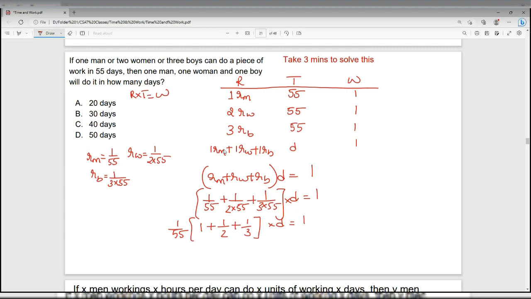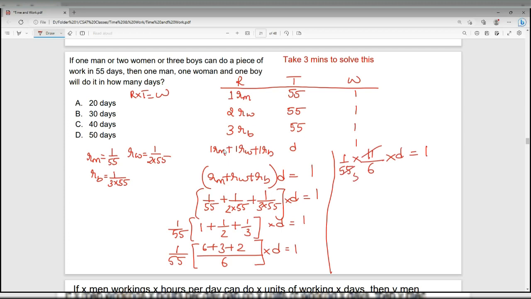When we add this fraction, it will become (6 plus 3 plus 2) by 6, that is 6 plus 3 is 9, plus 2 is 11 by 6, into D is equal to 1. So D is equal to 6 into 5, that is equal to 30.